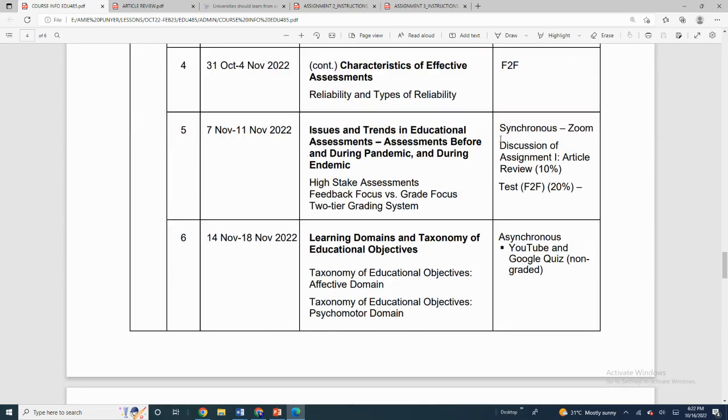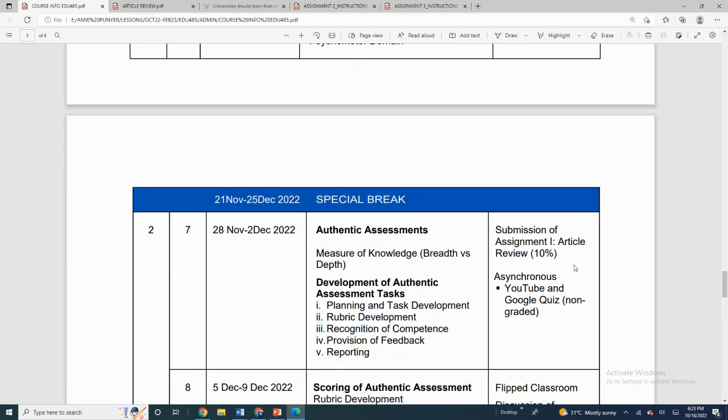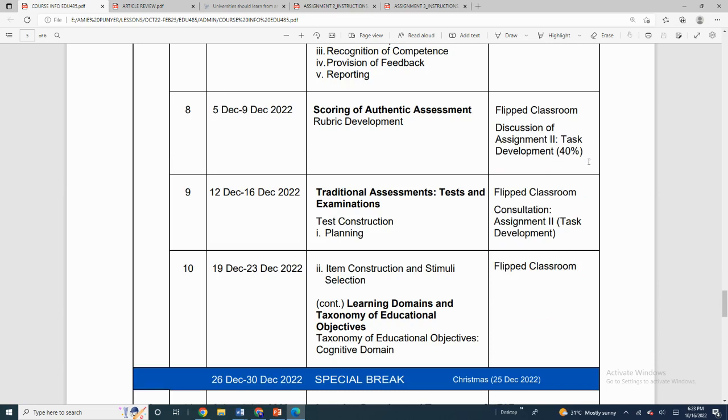Here. On week 5, I will be detailing the assignment for the article review. And on week 7 is the submission of the article review. So we have the information here for all of the assignments.